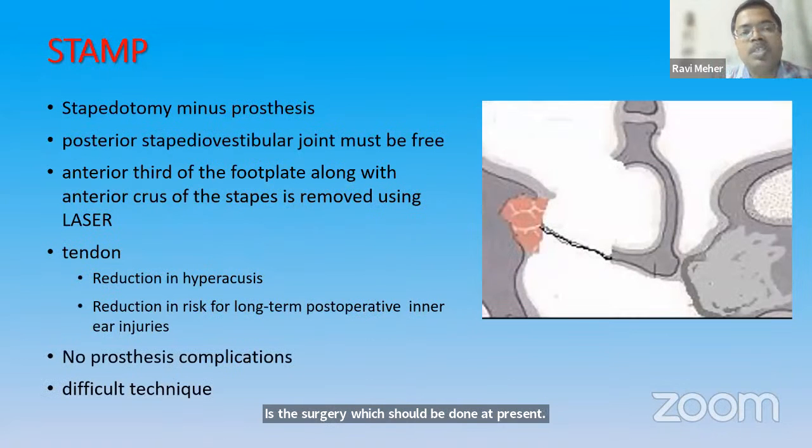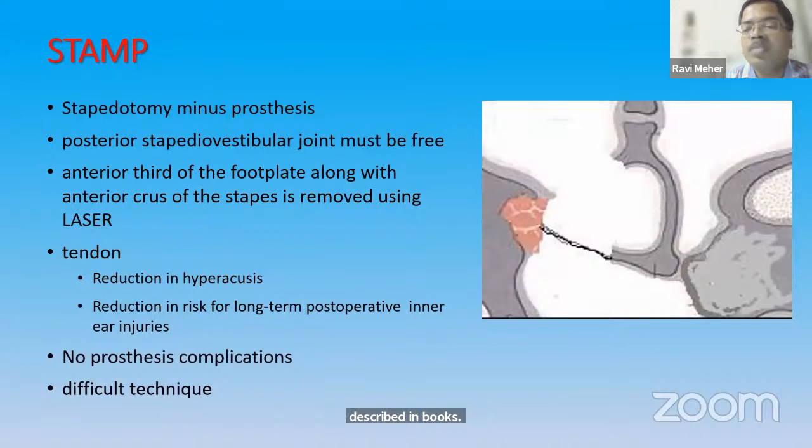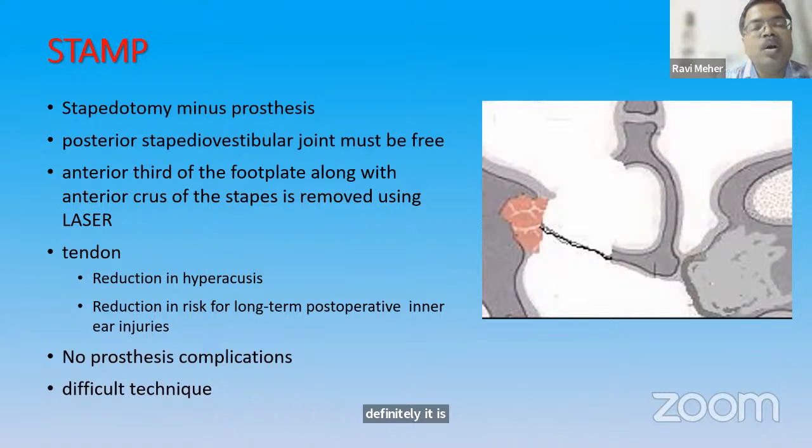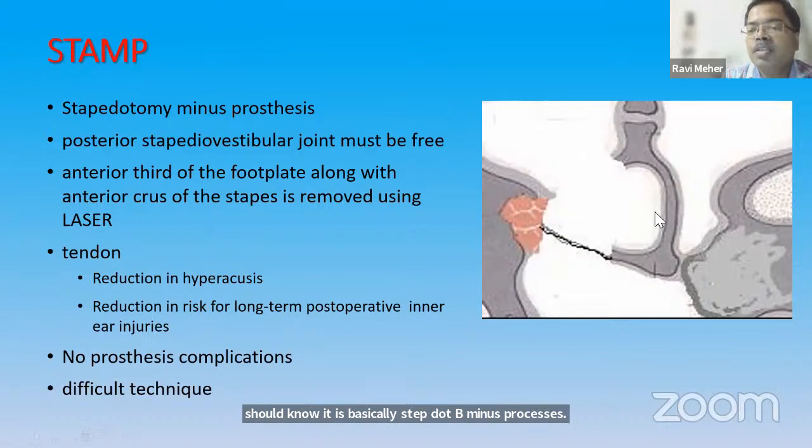There is another procedure which is called a stamp. It has been described in books. I have not been able to perform stamp any time, but definitely it is given in books, and the residents should know. It is basically stapedotomy minus prosthesis. And what you do actually, this is the foot plate, this superstructure, the anterior part, because anterior part of the foot plate is involved.